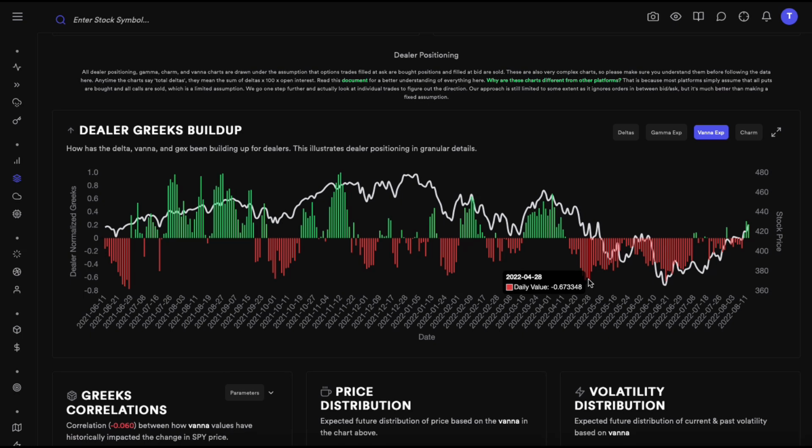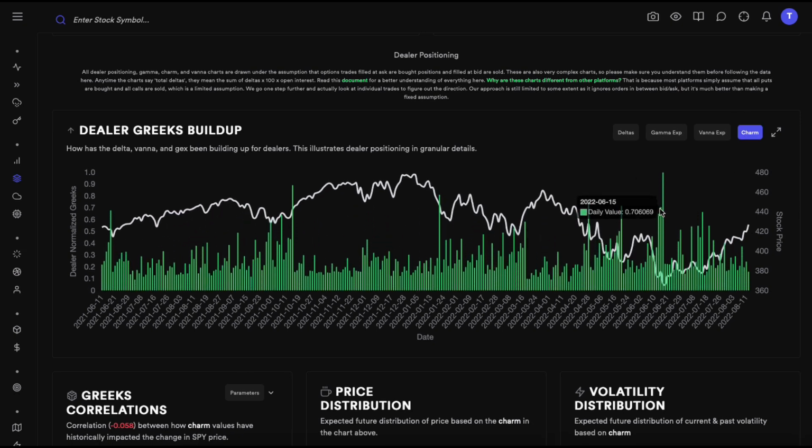Let's say we are near expirations and Charm is very high, which it is when contracts are about to expire, because those contracts are going to decrease in value very fast once the expiration time arrives, which causes these charm effects to magnify. But again, there are so many moving pieces that it gets hard to understand after a point.